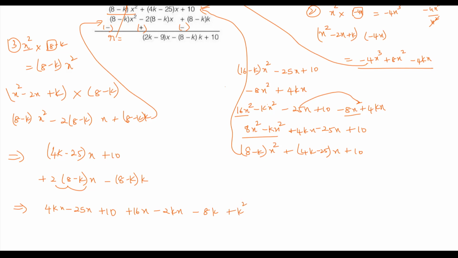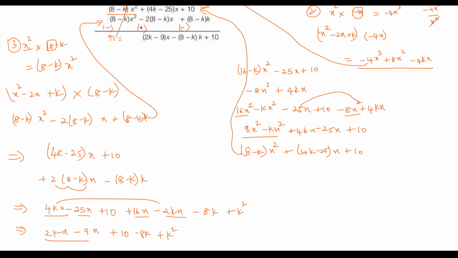Now let's see if there are any like terms, that is 4kx, 2kx, 25x and 16x. All these are like terms, because they have the variable x. 4kx minus 2kx will be 2kx, minus 25x plus 16x will be minus 9x, and we are left with plus 10 minus 8k plus k square.